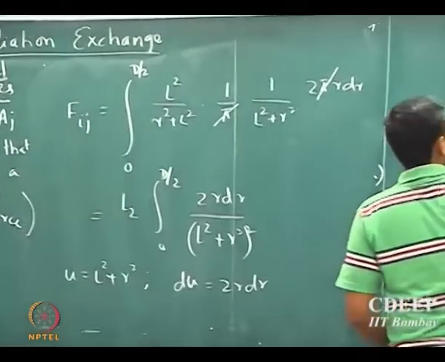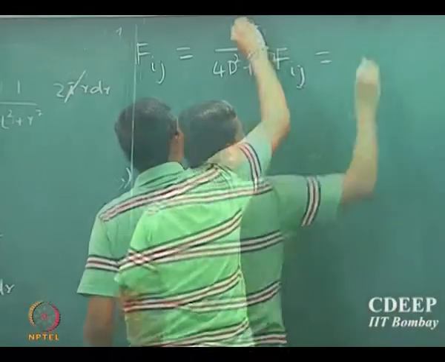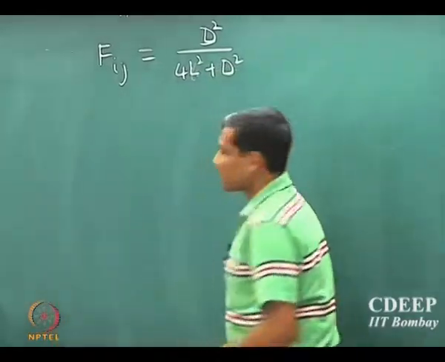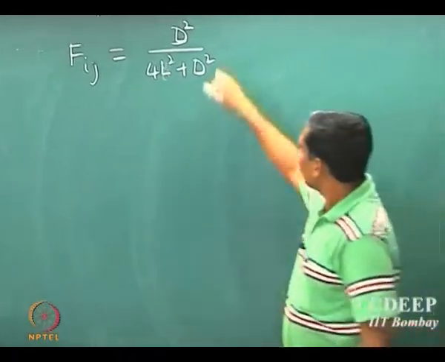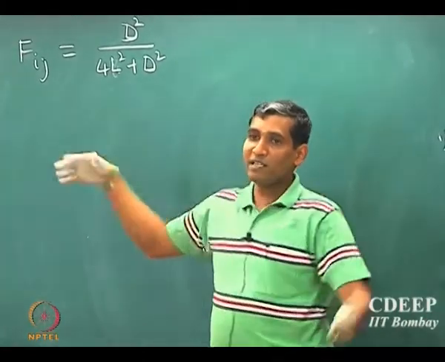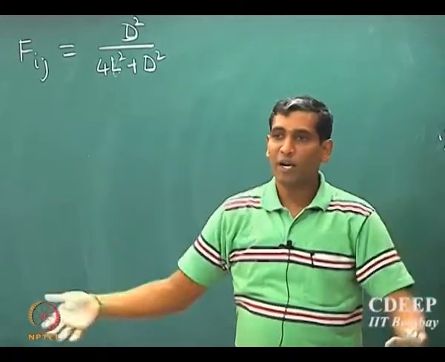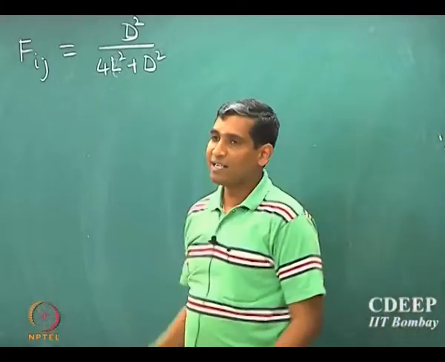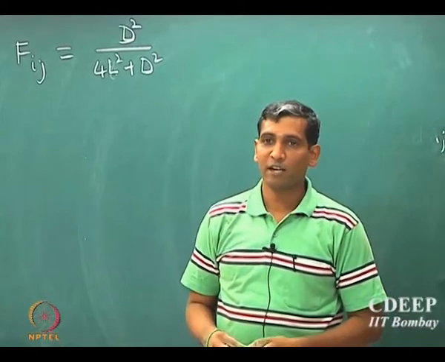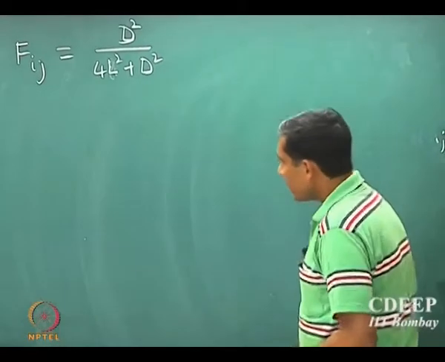So the view factor Fij will be d square by 4L square plus d square. So the view factor is d square by 4L square plus d square, where d is the diameter of the larger coaxial disk and L is the separation between them. Is that clear to everyone?